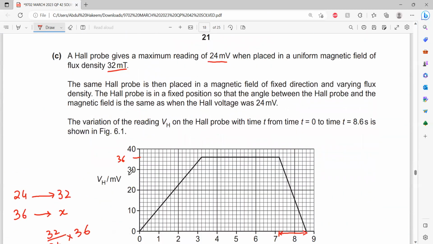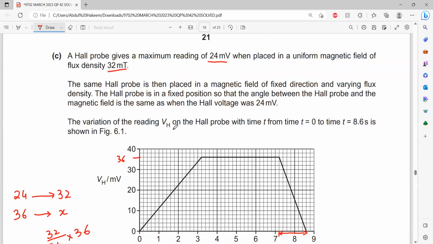Next, the Hall probe gives a maximum reading of 24 millivolt when it is placed in a field of 32 millitesla. The same Hall probe is then placed in a magnetic field of a fixed direction and varying flux density, in a fixed position so that the angle between the Hall probe and the magnetic field is the same as when the reading was 24 millivolt.